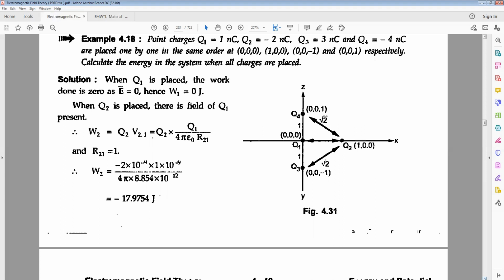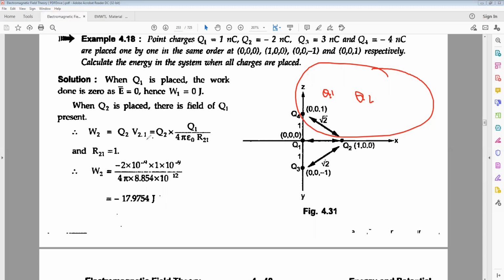Energy in the system: when Q1 is placed, the work done is 0. We already know that when Q1 is alone in the space, there is no other charge, so there is no work done. If we bring in Q2, a force is exerted on Q2 due to Q1. When Q2 is placed, there is a field of Q1 present.